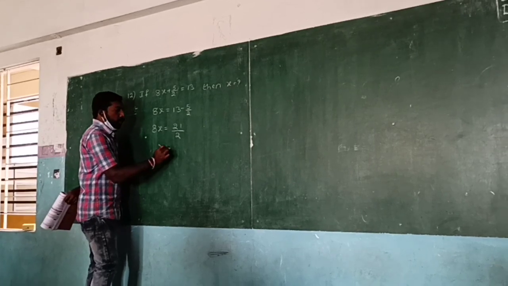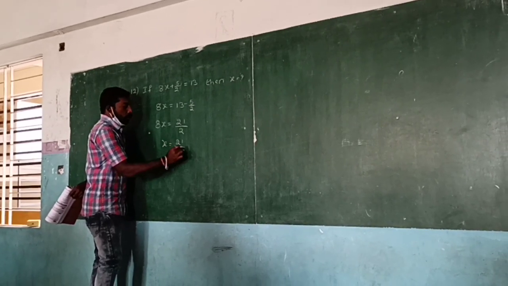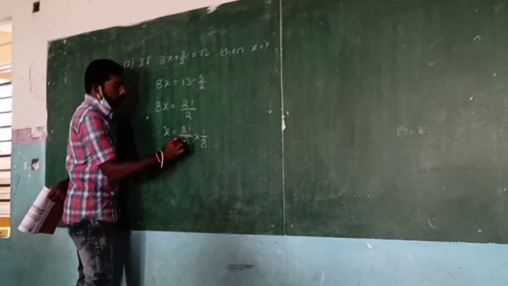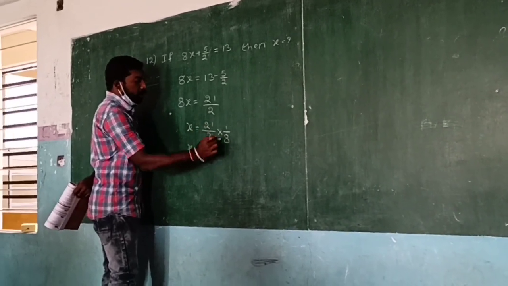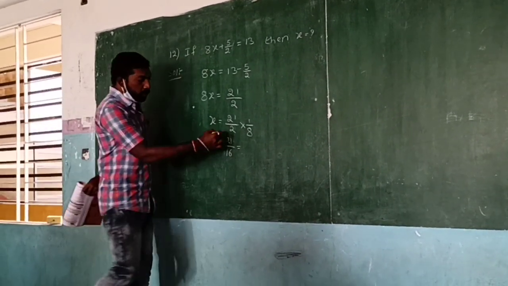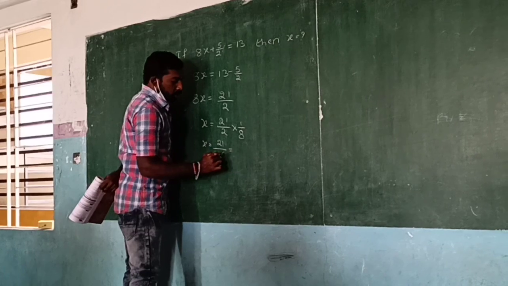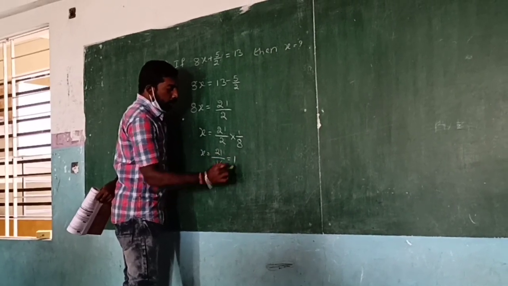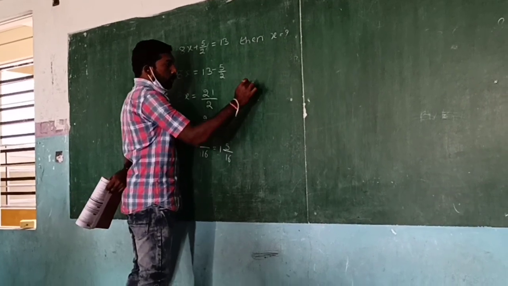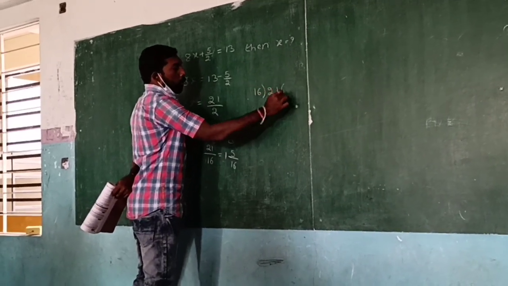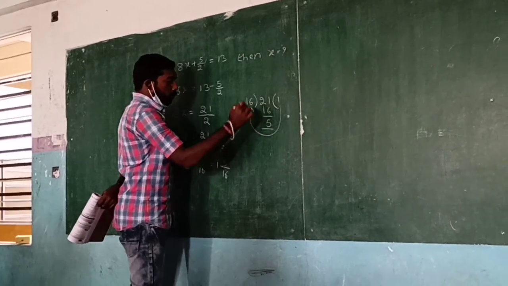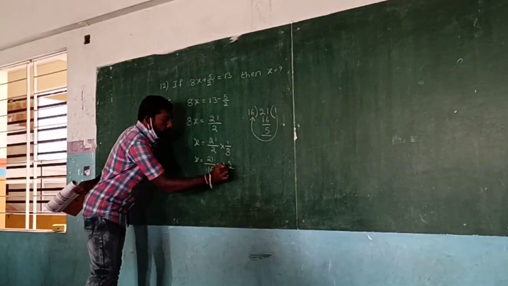So x is equal to 21 by 2 into 1 by 8. So x is equal to 21 ones 21, 2 8s 16. Okay, and also convert this into mixed fraction. 16 table 21. 1 time 5 by 16. 1 5 by 16.